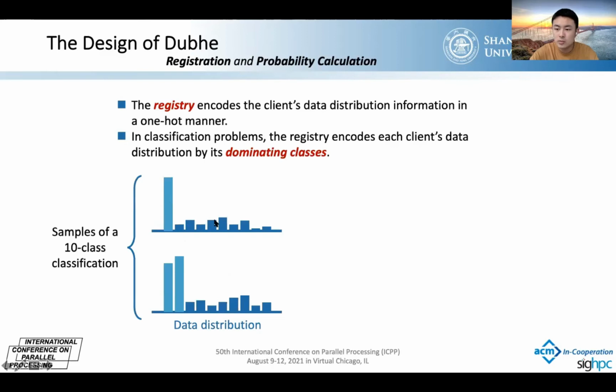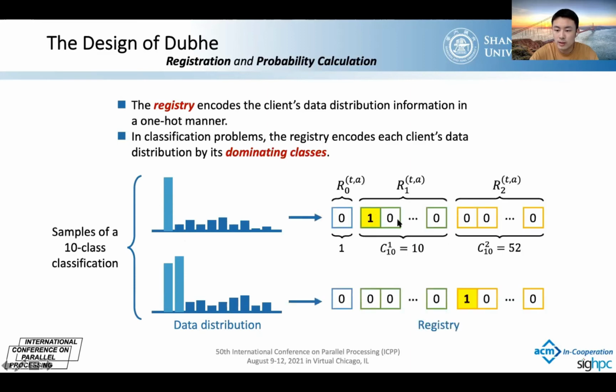The first data distribution has category 1 dominated, and the second has category 1 and category 2 dominated. Thus, we flip the 0 here to be 1 and the 0 here to be 1. Those two registries can tell the system what kind of data distributions these clients have, because they have recorded enough information in it.